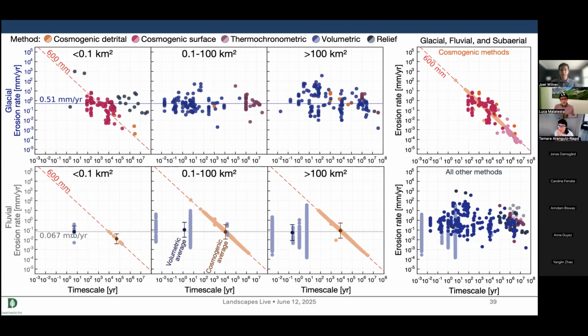Yes. Cosmogenic surface are the point measurements, and detrital are the catchment-wide. Yeah, exactly. And then of course there's pretty big variability in the ways these different methods were employed by the different groups.